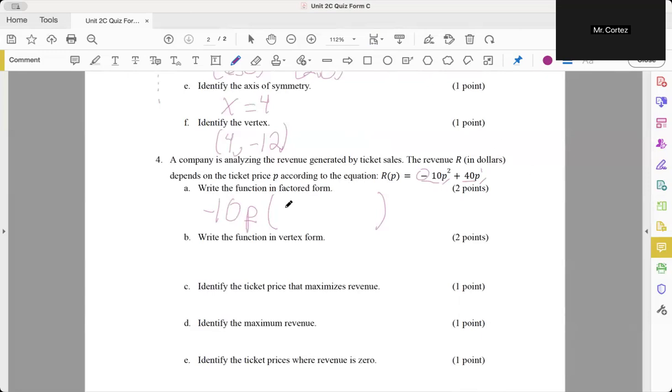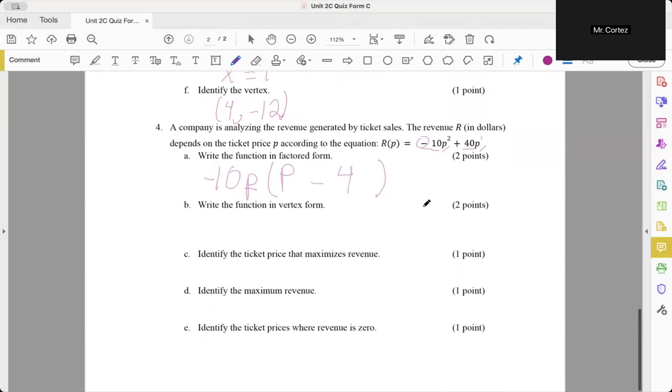So this should now leave you with the variable, then notice opposites here, negative 10p going to positive 40. This has to be p minus 4. So interestingly enough, this is saying that we have an x-intercept of 0 and also at 4.